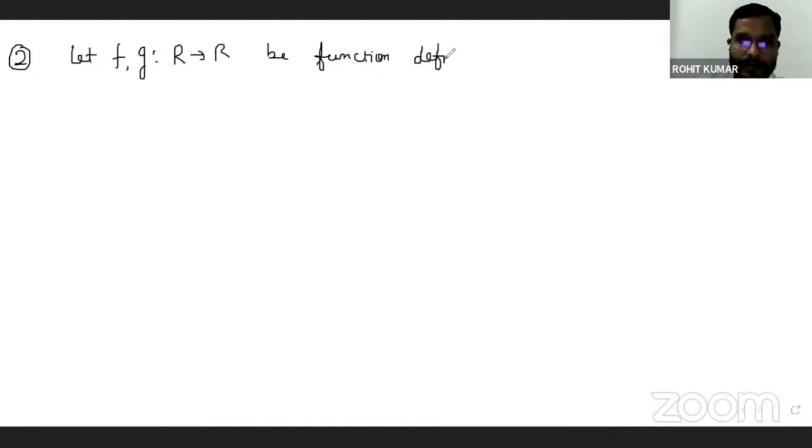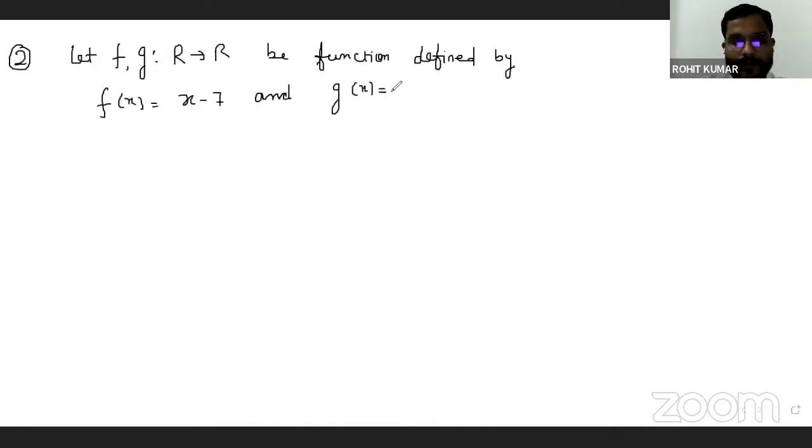The functions are defined by f(x) = x minus 7, and g(x) is the greatest integer function of 7 plus sin x. I will slow down just in case. So this is g(x), where this box represents the greatest integer function.